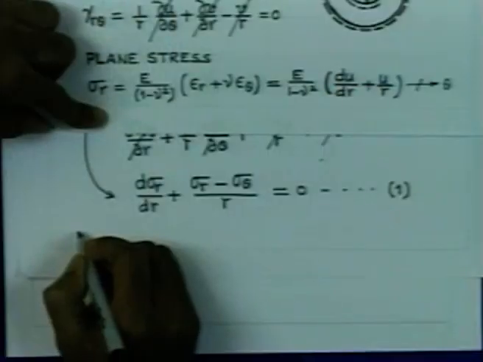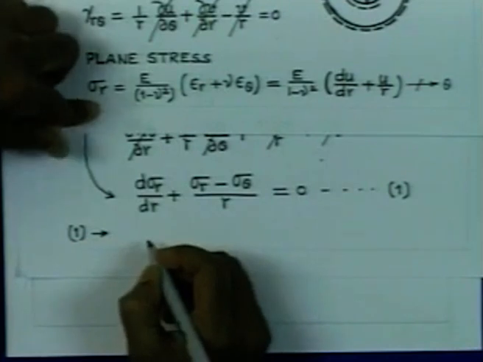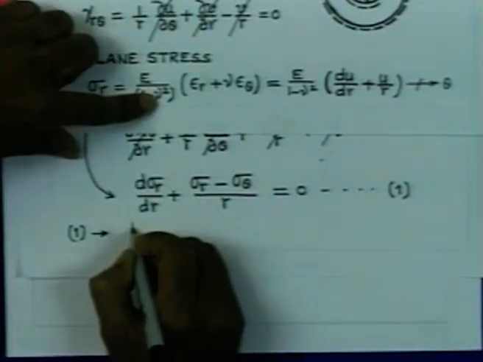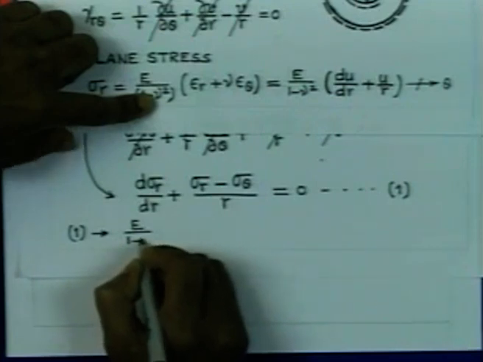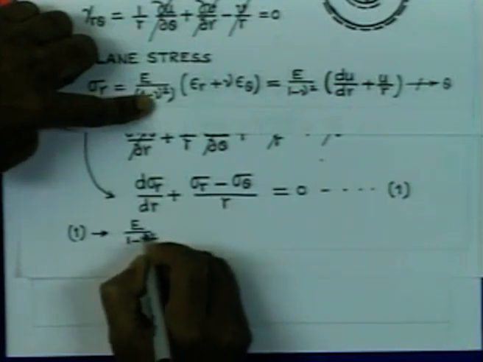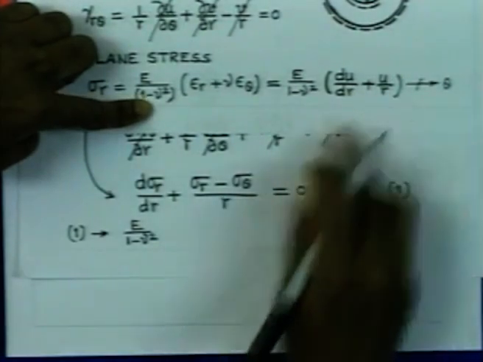So, substituting, from 1 we can now get E by 1 minus nu square, and then we have to take the differentiation of this.